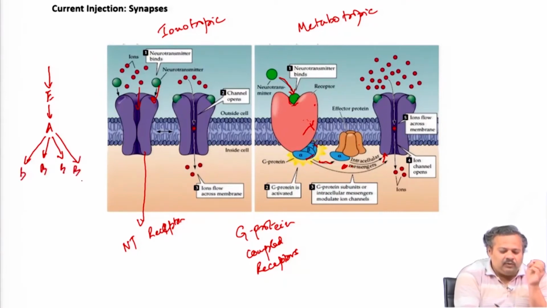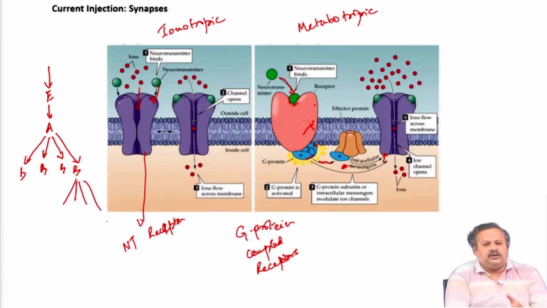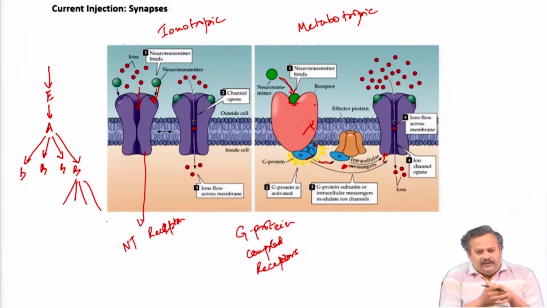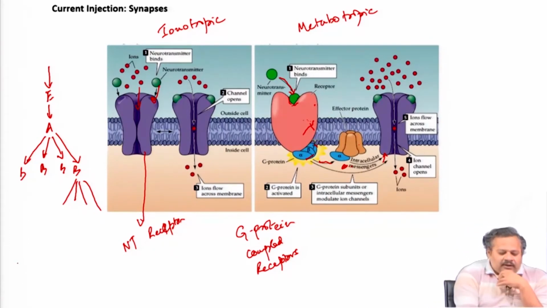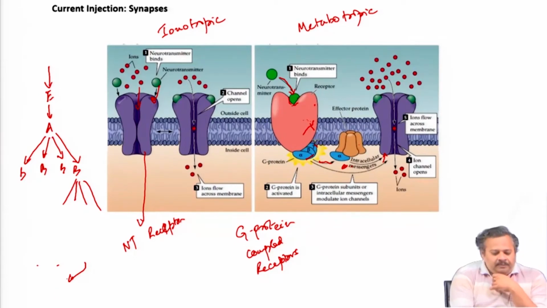It is not one-to-one. Now B may also activate many others, and so you can see there can be a huge amplification in the process, where the final molecule goes and binds to the ion channel that is shown here on the right hand side.